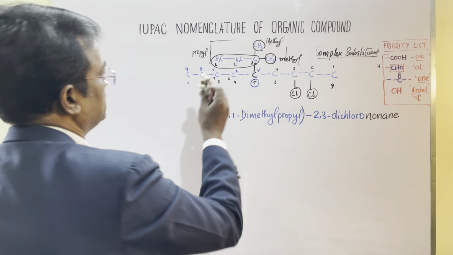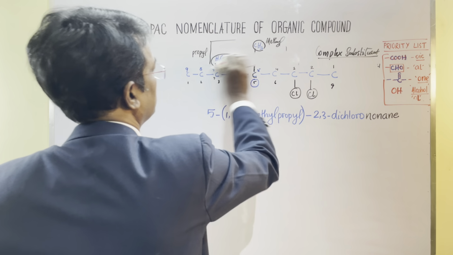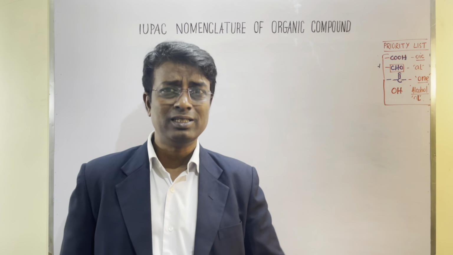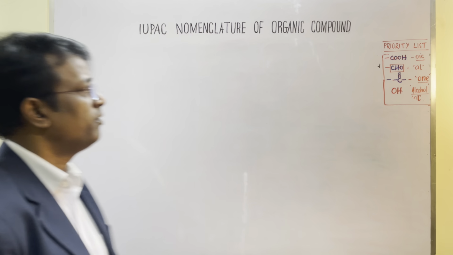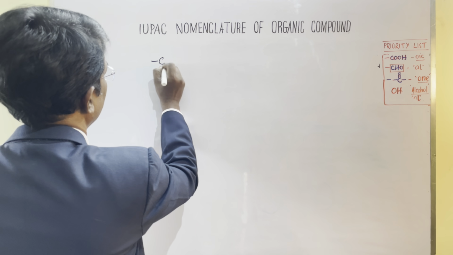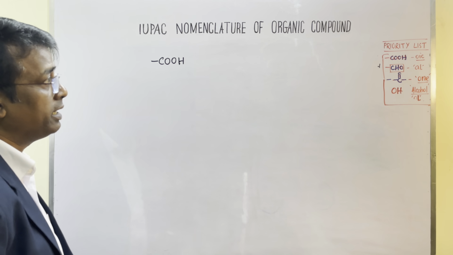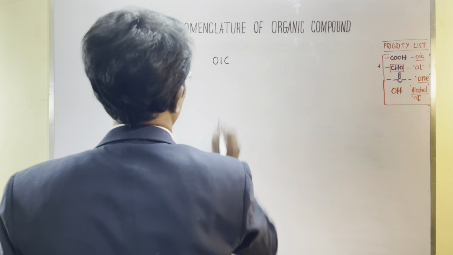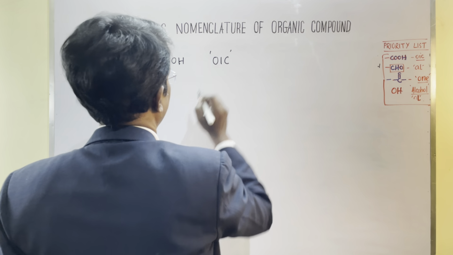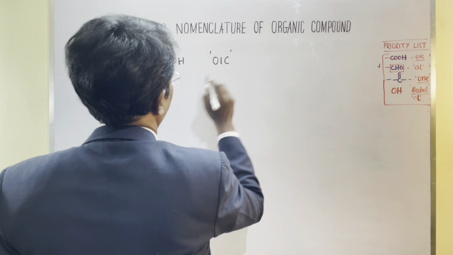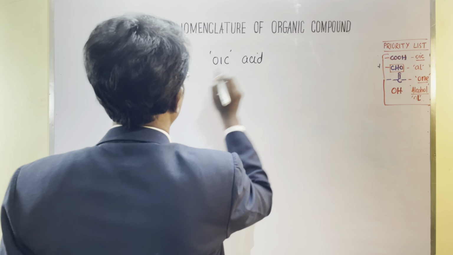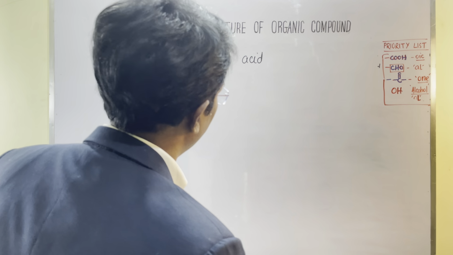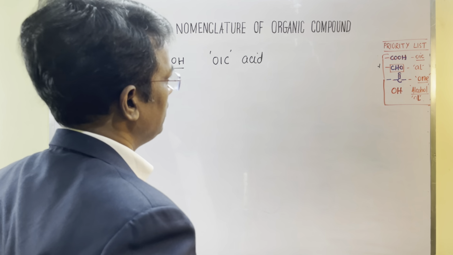Now it's getting a little clumsy, so let me rub it. First of all, let me introduce some of the important functional groups with small examples to make you absolutely comfortable. First COOH, which should get the top priority. It is called oic acid; carboxylic acids are called oic acids, and we add that to the main parent chain.